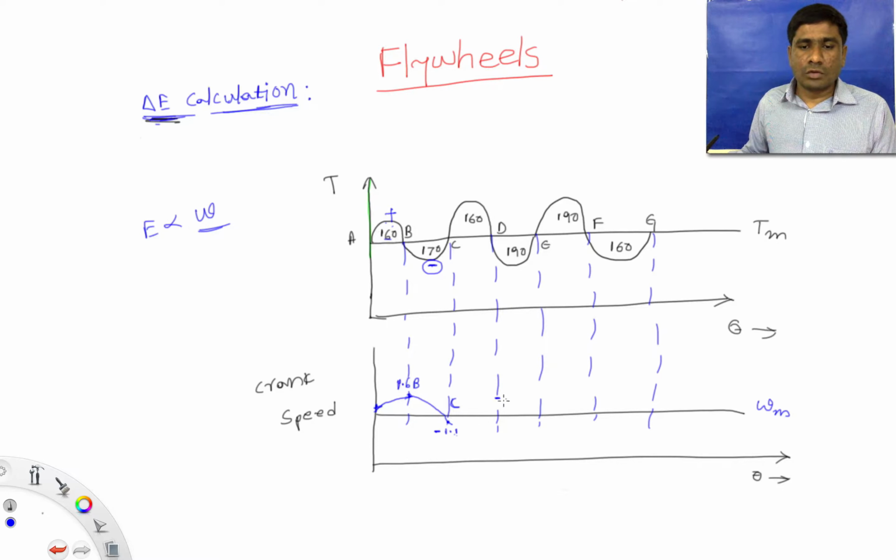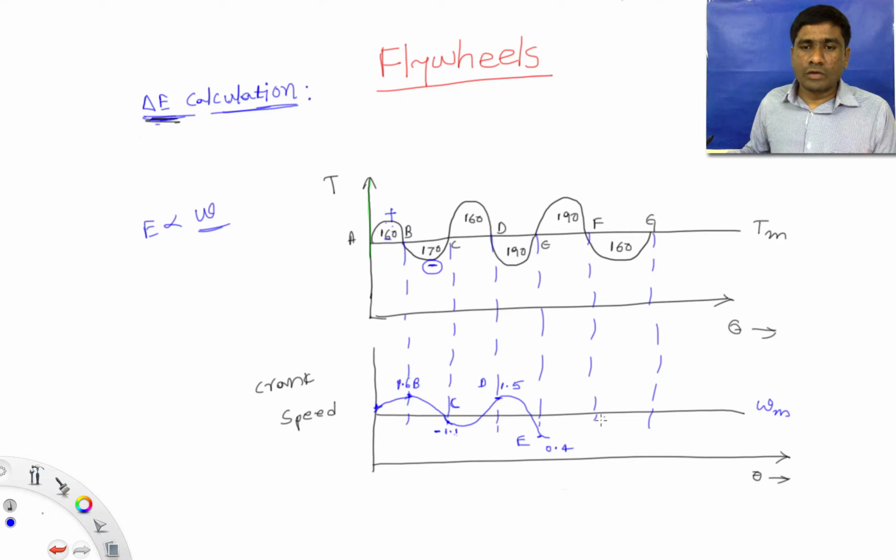How much? 1.5 at point D. That is 1.5, and in the same way at point E, 1.5 minus 1.9, that is minus 0.4. This is point E.